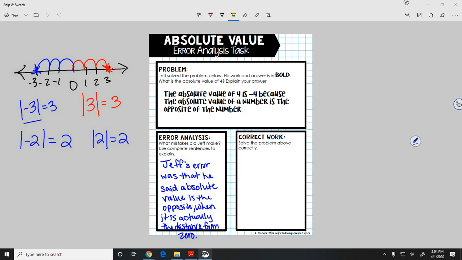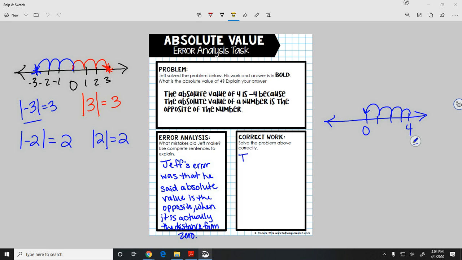Okay, so what would the absolute value of 4 be? So if we look at our number line, put 0, 1, 2, 3, 4. How far is 4 from 0? It's 1, 2, 3, 4 places from 0. So the absolute value of 4 is going to be 4.